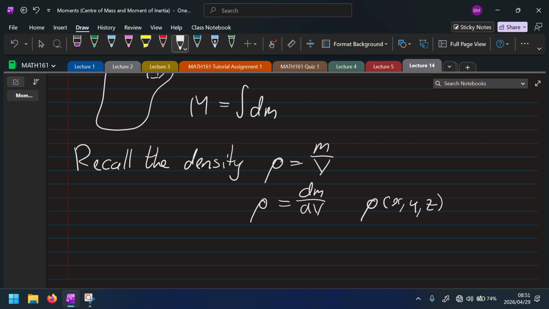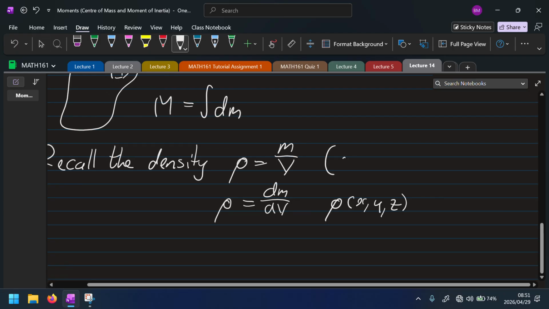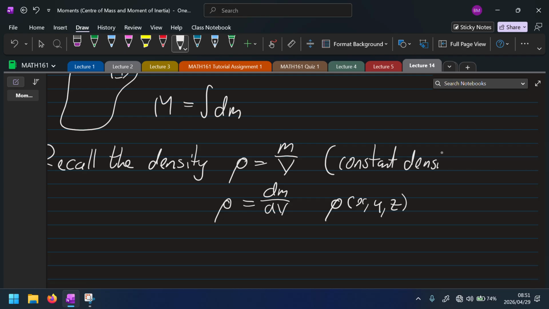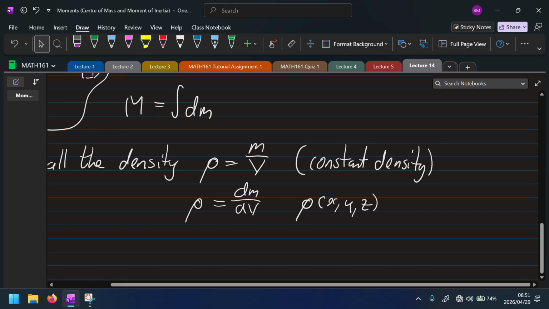So instead of just the quotient m over v, we need to write it as a derivative dm over dv. So this first one, this is constant density. Okay, constant mass over constant volume. But at the bottom there, that is a non-constant density or inhomogeneous density.